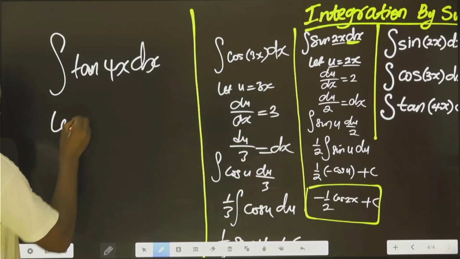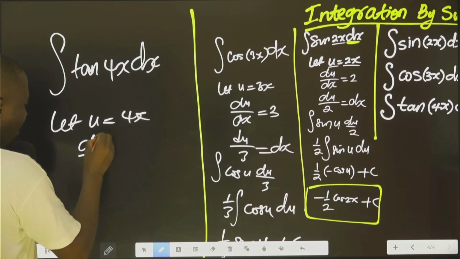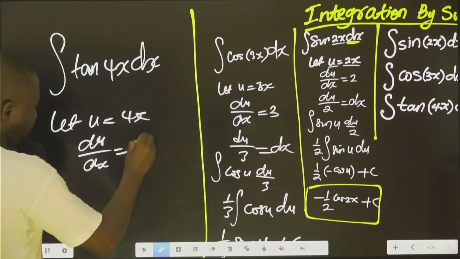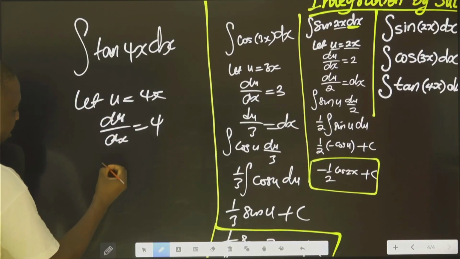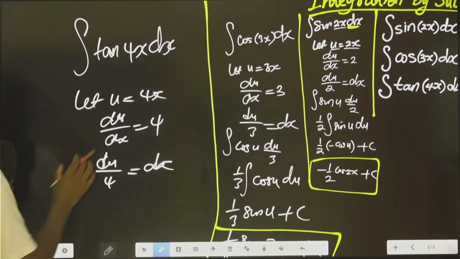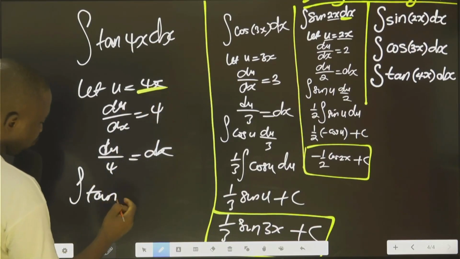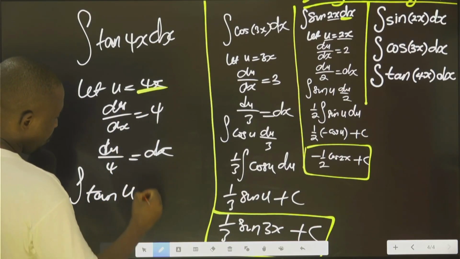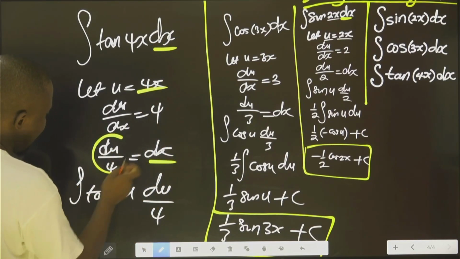Again, let u be equal to 4x. du over dx is equal to 4. Okay? So it means we can come here now to say du over 4 equals dx. We replace this by saying tan, in place of 4x we put u, then we put du over 4 to replace this dx.